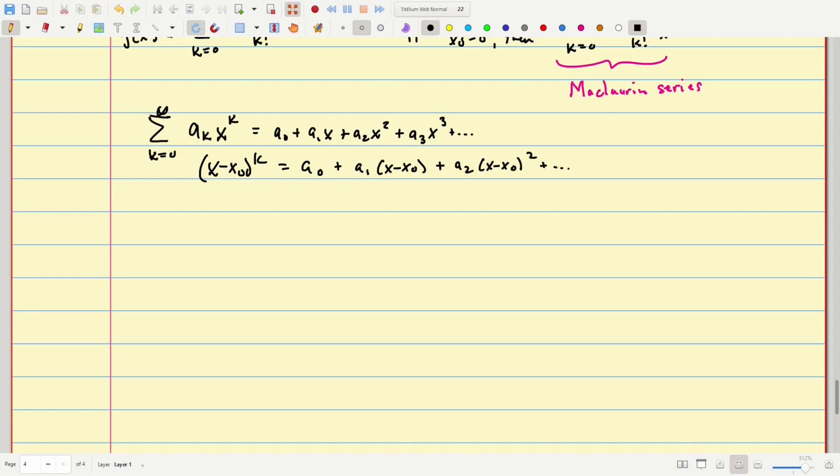And it may be the case sometimes that I need to write things so that they look different. We know that this is true, right? I can list out all the terms and write them all out. There also isn't anything wrong with me deciding that I want to do this.